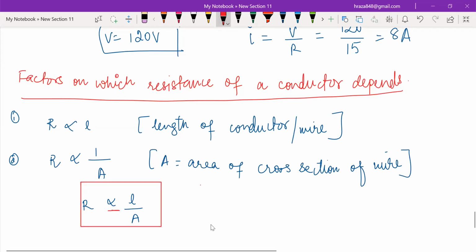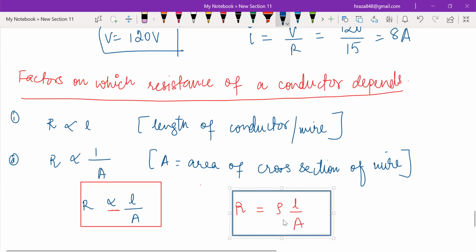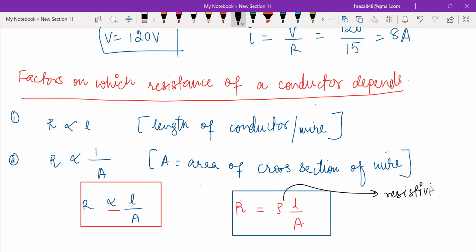Now to remove this proportionality sign, we are going to use a constant which is denoted by rho. This quantity is constant, which is known as resistivity, or we also call it specific resistance.